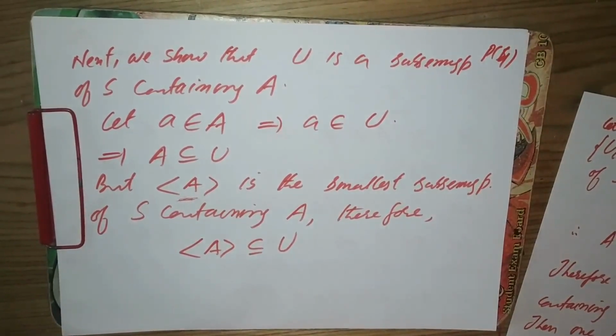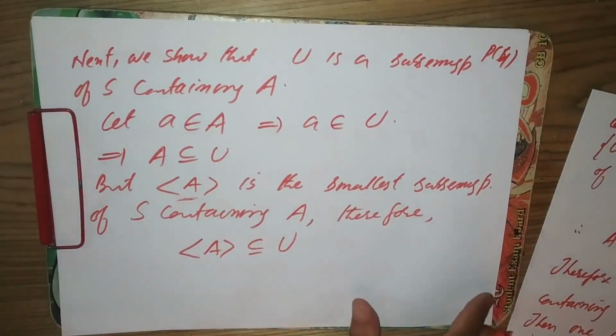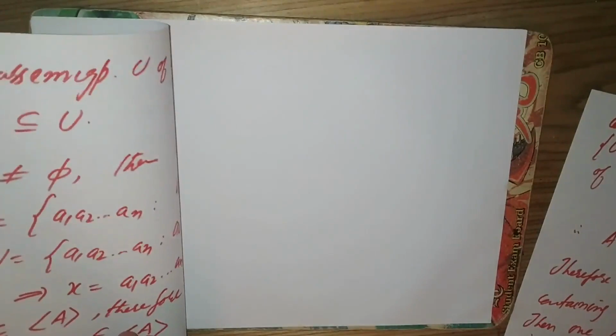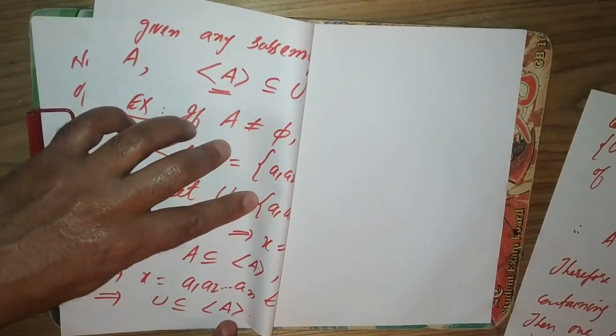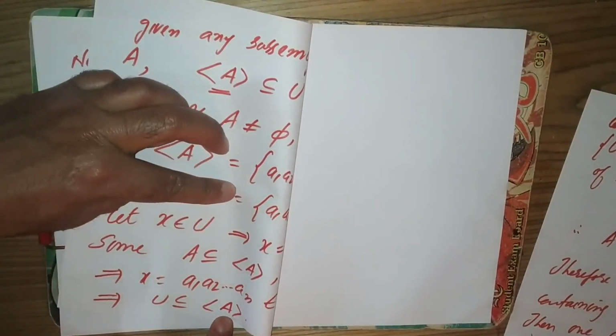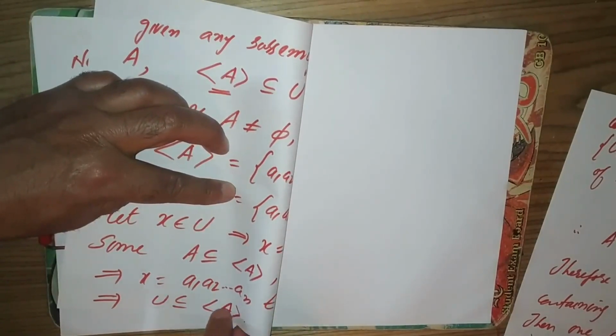Now we conclude from these two. Here we have shown that U is a subsemigroup of the smallest subsemigroup containing A, so U is a subset of this.